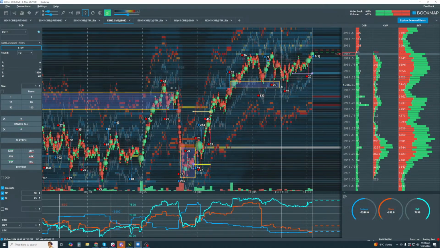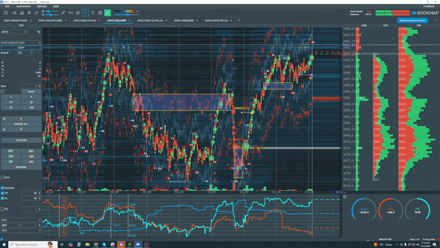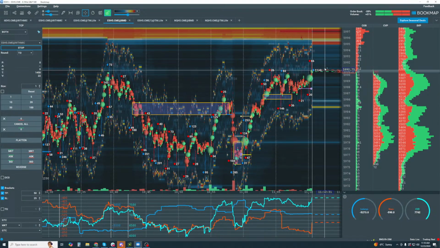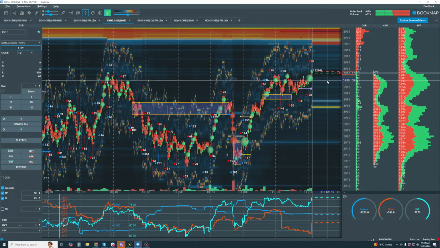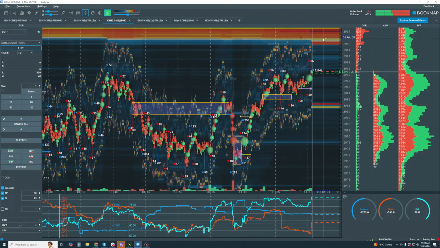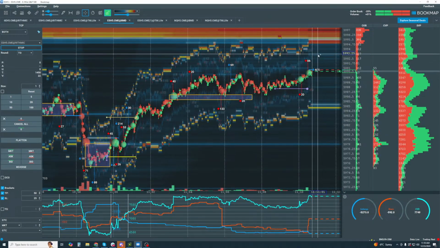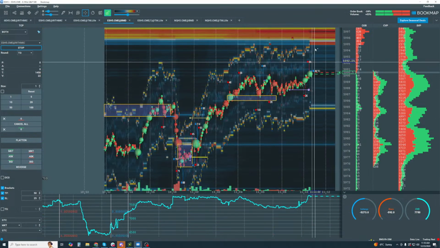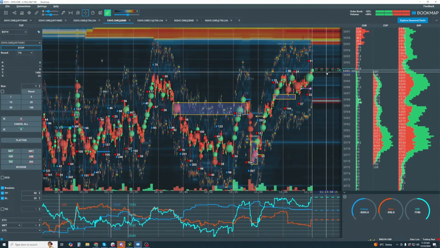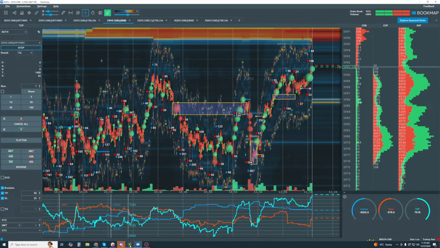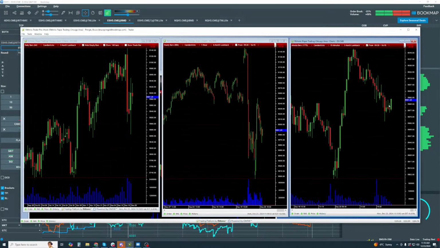Let's just cancel this. Actually, it looks like we're finding them. Looks like we're going to get our breakout here. And let's see here. Up here, this was our third, fourth time up in here.